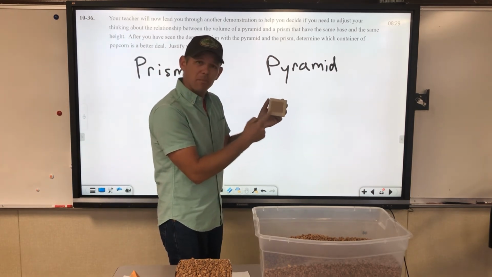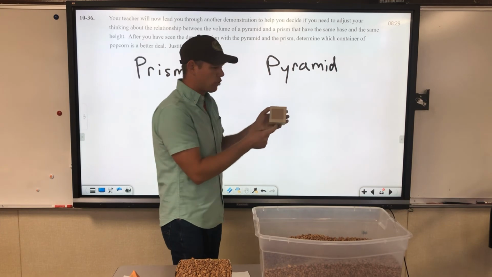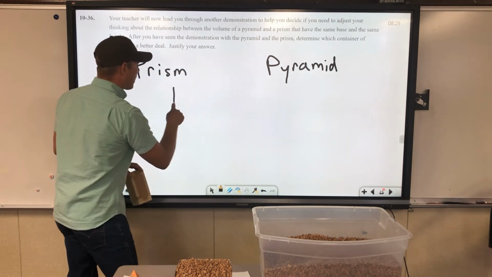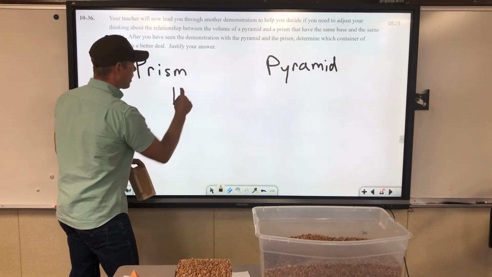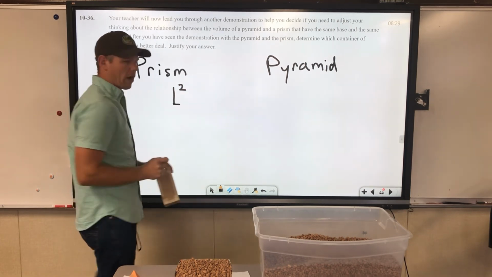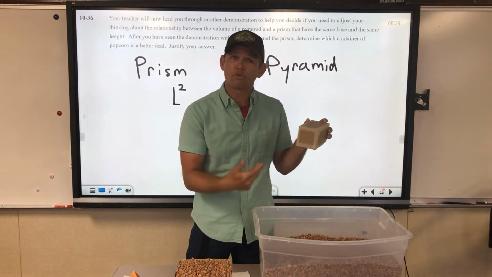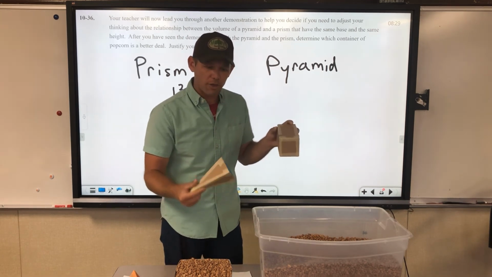But in this problem, the length and the width happen to be a square. So I am going to call this L, length squared. Some people would want to use width, except it's a square, so they've got to be the same.